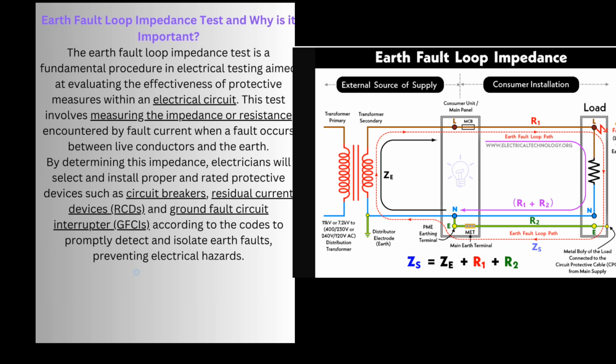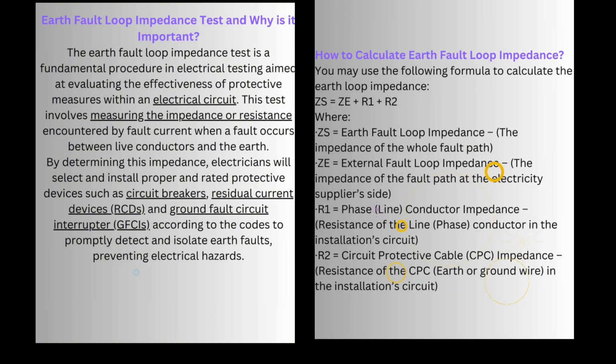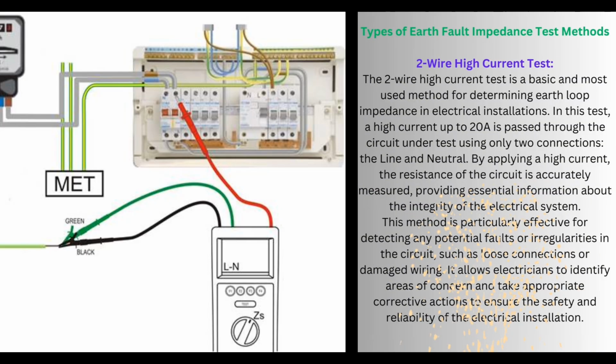By determining this impedance, electricians will select and install proper and rated protective devices such as circuit breakers, residual current devices, RCDs, and ground fault circuit interrupters, GFCIs, according to the codes to promptly detect and isolate earth faults, preventing electrical hazards. Types of earth fault impedance test methods.